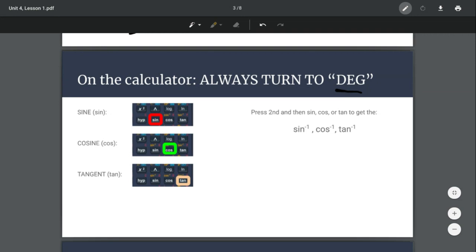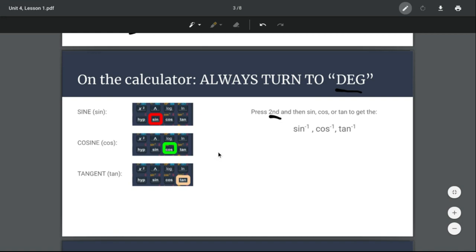Then press the second button, and then sin, cos, or tan to get sin to the negative first, cos to the negative first, or tan to the negative first. That's right above them. You can see right here, sin, cos, tan. I actually outlined the tan right here because I thought that's a good thing to do.